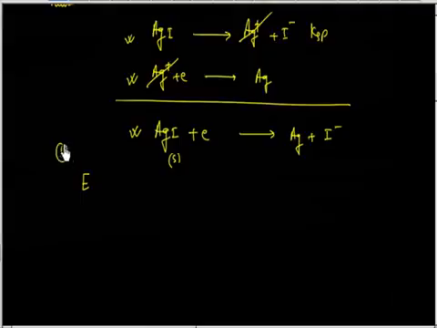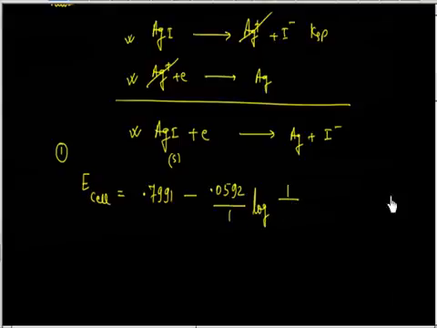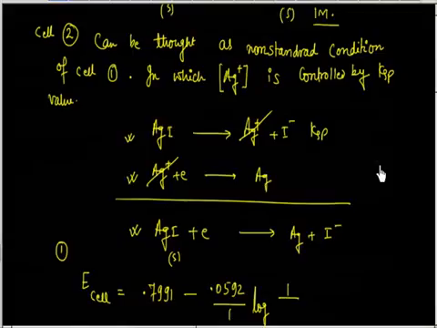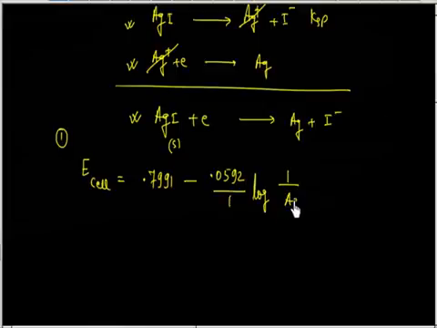So for cell number 1, E cell I can write as E degree, that is 0.7991, minus 0.0592 divided by 1 times log of 1 by Ag plus. You see, Ag plus is not 1 M this time, so this is 1 by Ag plus. And Ag plus can be given by the Ksp value.